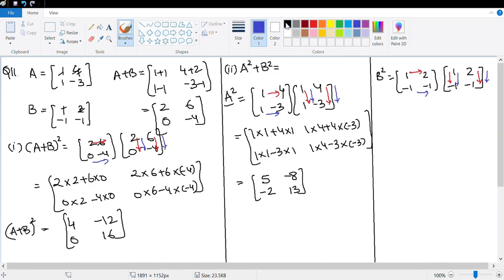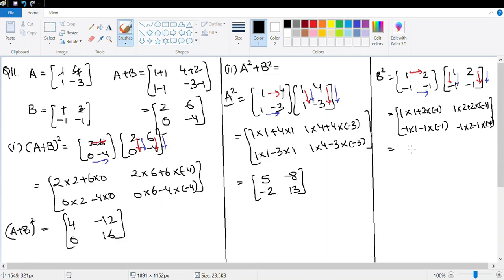So let's multiply. This will be 1 into 1 plus 2 into negative 1. This will be 1 into 2 plus 2 into negative 1. Next is negative 1 into 1 minus 1 into negative 1 and then negative 1 into 2 minus 1 into negative 1.